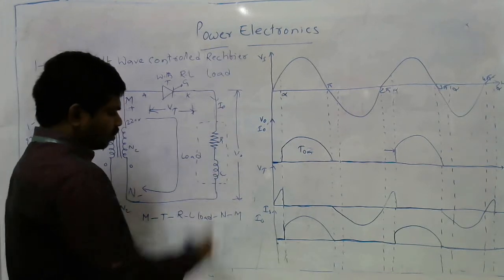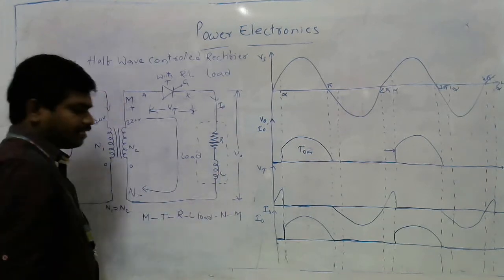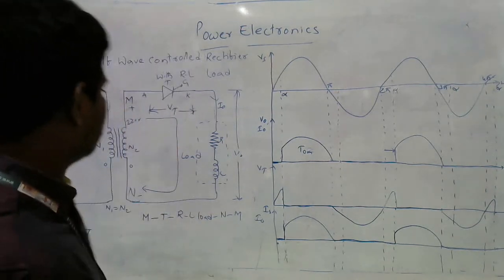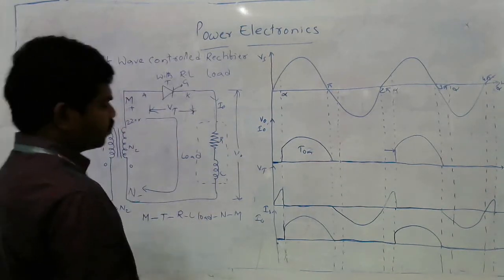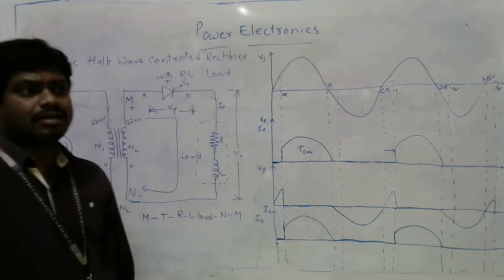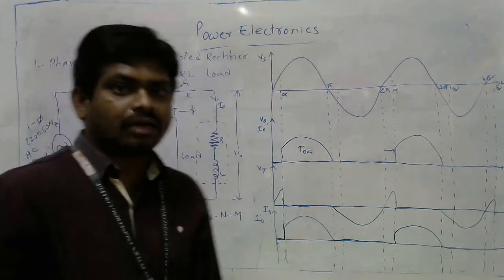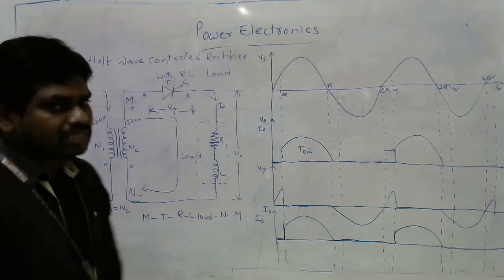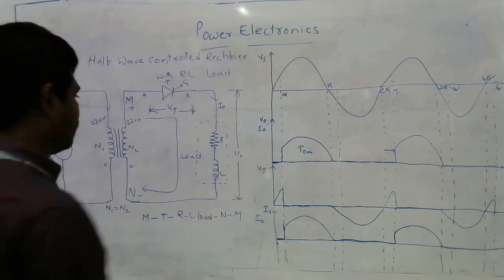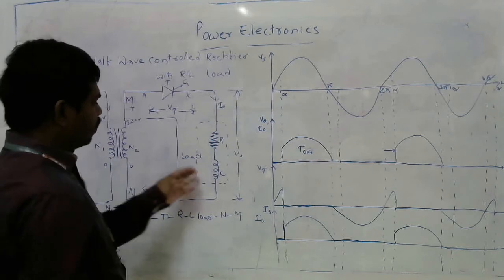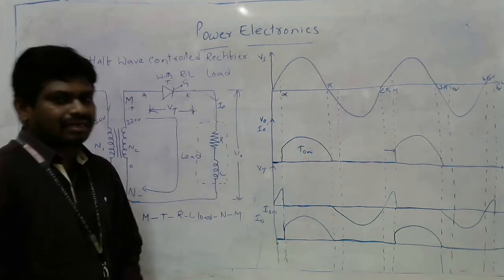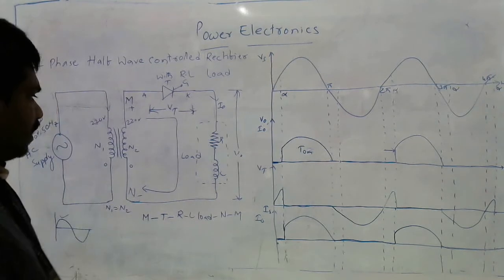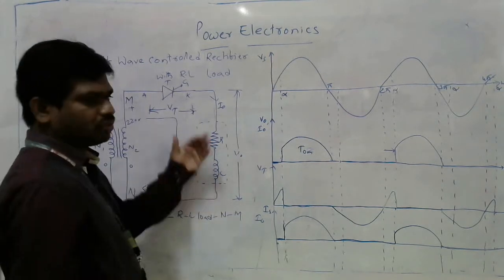Now we are going to analyze this inductor behavior. What is the property of inductor? First, inductor is a storing element. Second, it does not allow sudden change in current. While the positive half cycle supply is available, it stores energy.